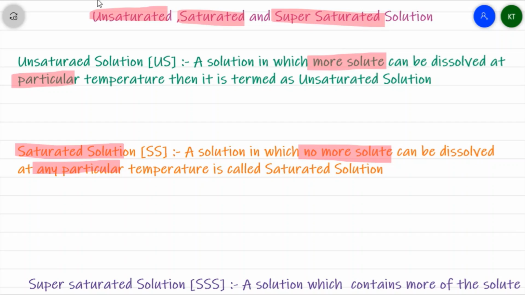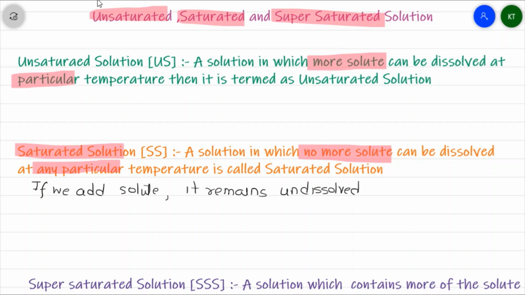So that is called a saturated solution, where you cannot add more solute in a given quantity of solvent at a particular temperature. If we add solute, it remains undissolved.